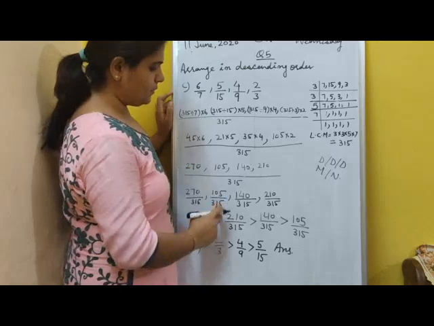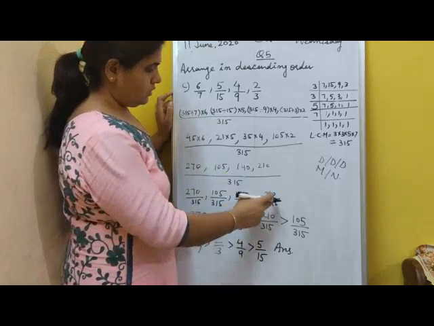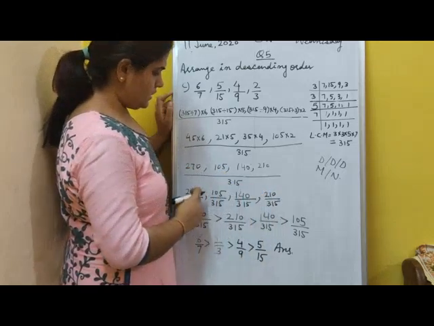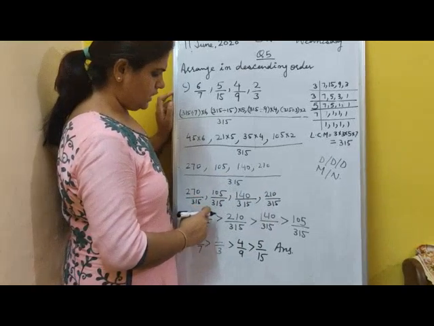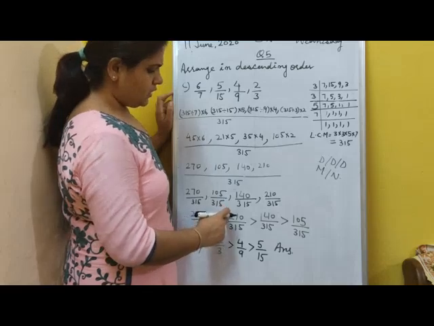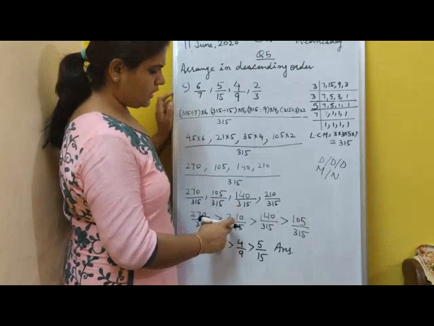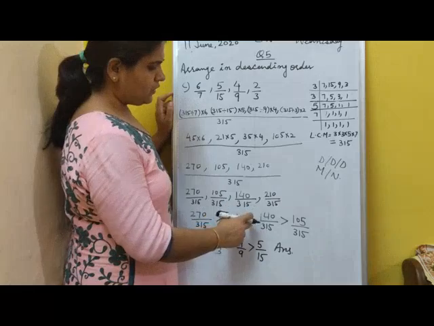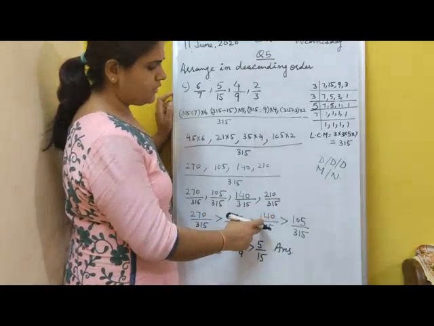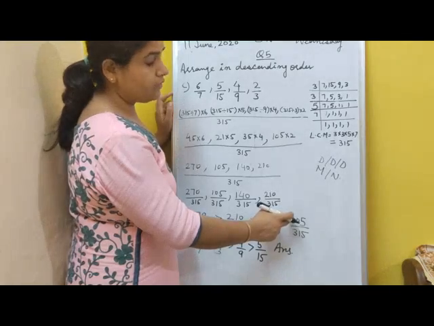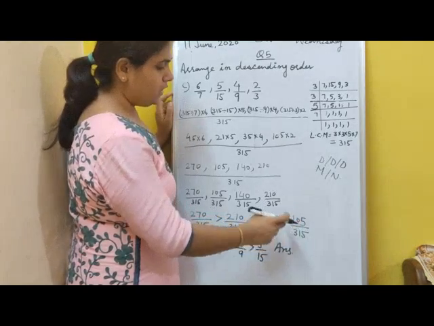Now you will separate the denominators, and the numbers which you will get will be 270 upon 315 is greater than 210 upon 315, greater than 140 upon 315, then greater than 105 upon 315.